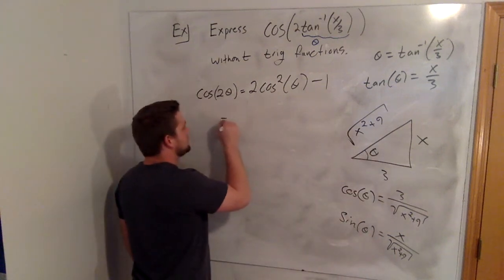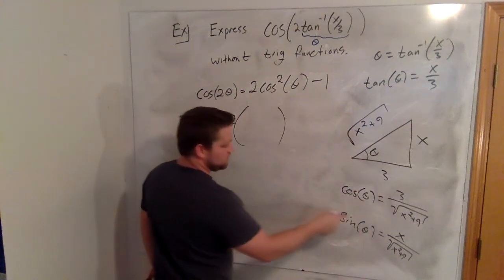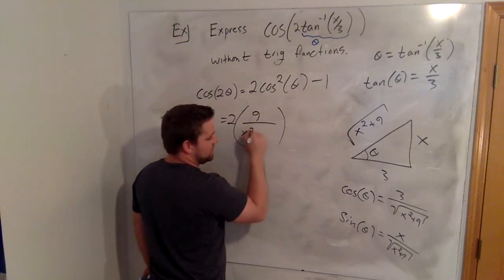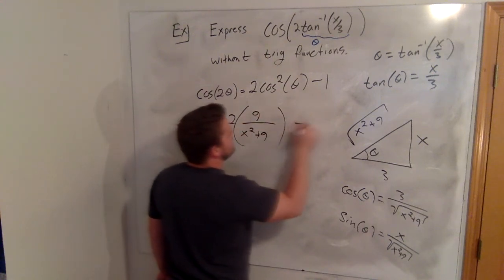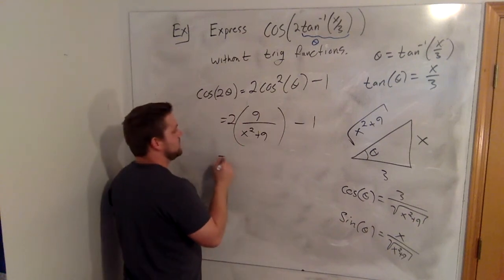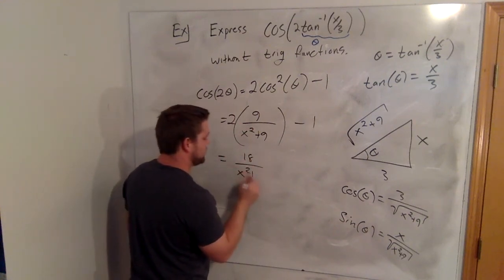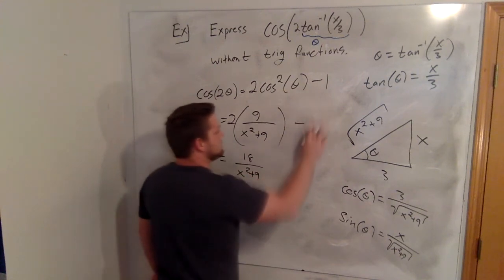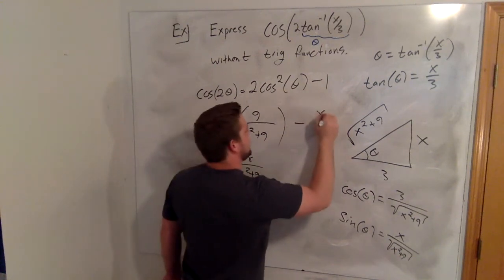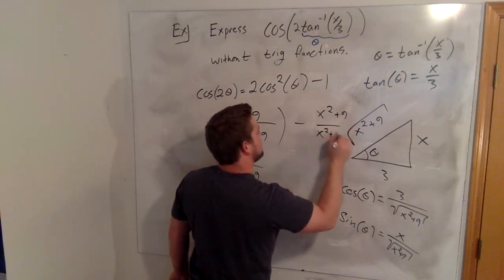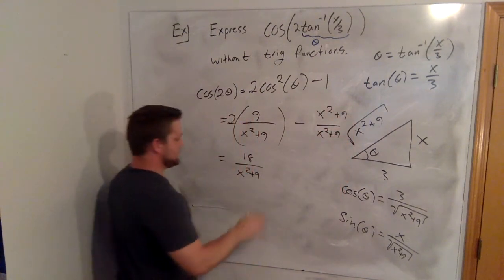So we'll get a 2. Well, cosine squared will be what? 9 over x squared plus 9, minus 1. So this will be 18 over x squared plus 9. Let's make this 1 be x squared plus 9 all over x squared plus 9, so we have a common denominator.